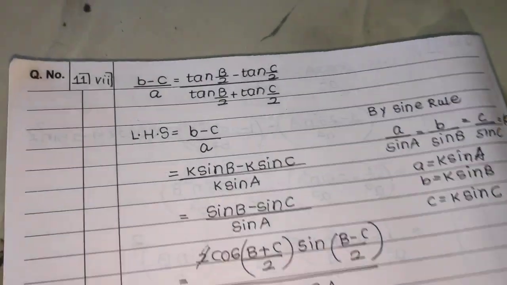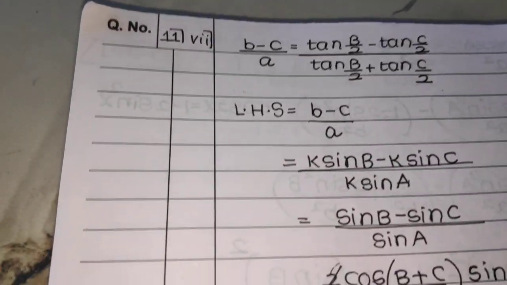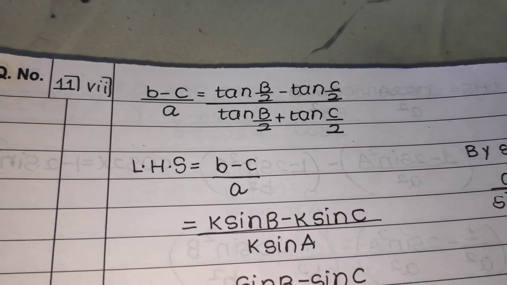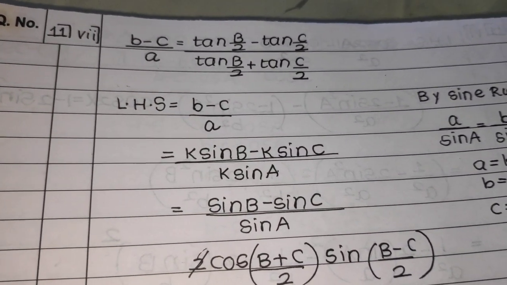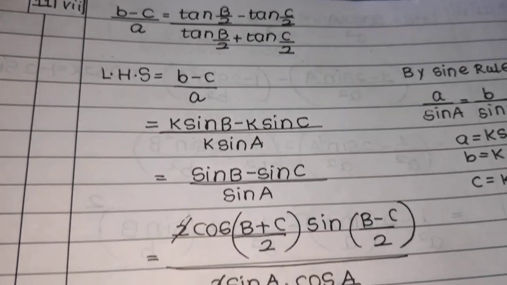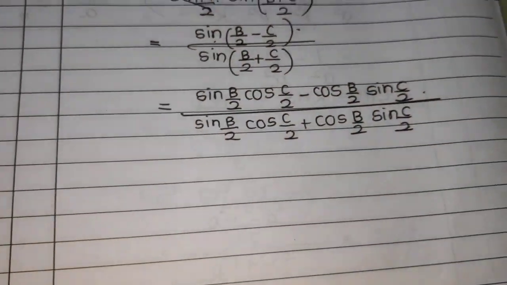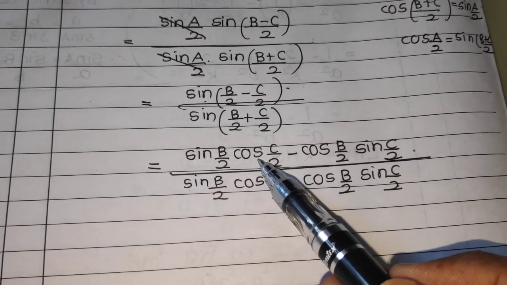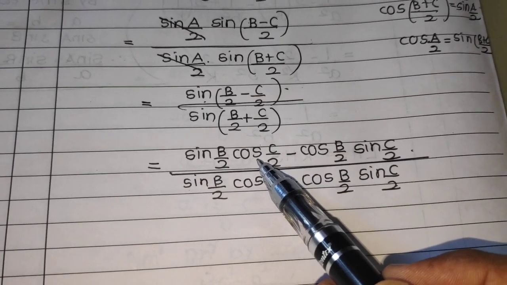Now kindly put attention to what we have to prove. We have to prove tan b by 2 minus tan c by 2 and the same terms in the denominator, only instead of the negative sign there should be a positive sign. See how we are going to work on that. If I want tan b by 2 in the first position, this cos c by 2 should not be there.